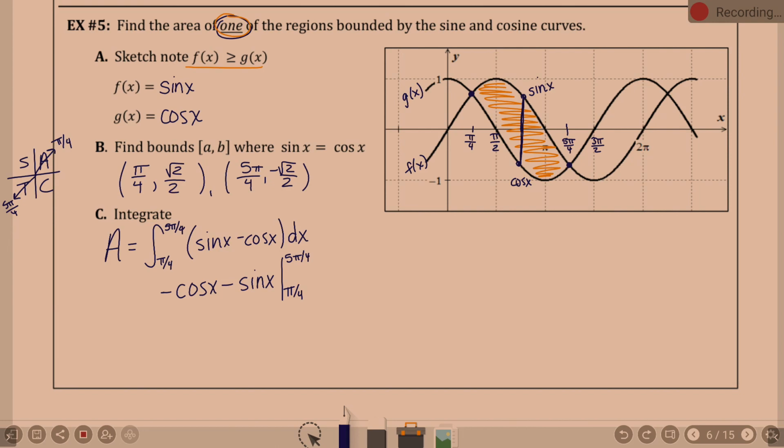So negative cosine of 5 pi over 4 minus sine of 5 pi over 4, minus, I'm going to do parentheses for quantity, negative cosine of pi over 4 minus sine of pi over 4.